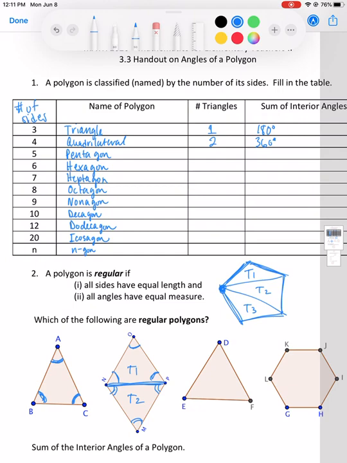Each of those triangles has 180 degrees in it. So there's 3 triangles, and I'm going to calculate it by doing 3 times 180 degrees. And when I do that, I get 540 degrees. So the sum of the interior angles of a pentagon, which I'm going to highlight in red, are all equal to 540 degrees when you add them up.